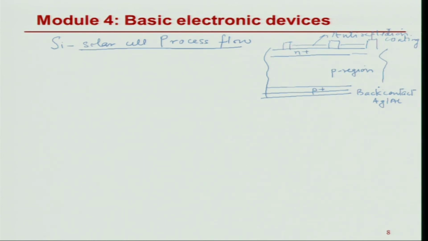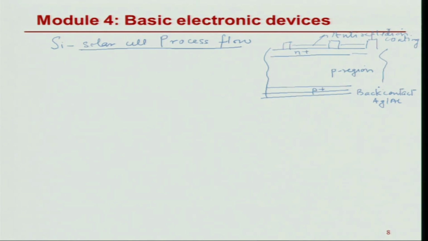Before I go forward, I would like to emphasize that in each cell, if I am making a silicon cell, the open circuit voltage I am generating is probably less than or in the range of 1 volt, which is very, very small for any practical application. So in order to increase voltage, the modules that you see in the market have lots of cells connected in series, and if you want to increase the current, then you can connect them in parallel, because the currents are in the range of tens to hundreds of milliampere.